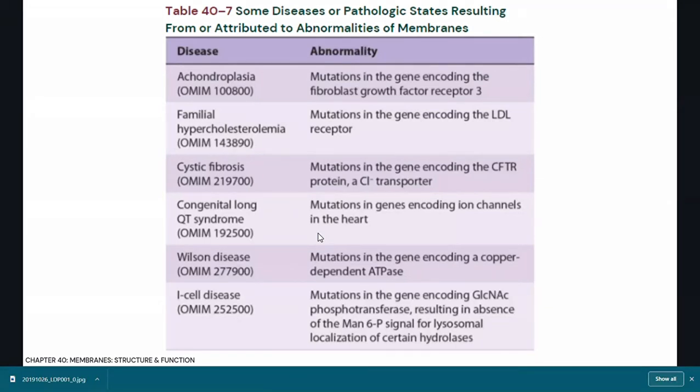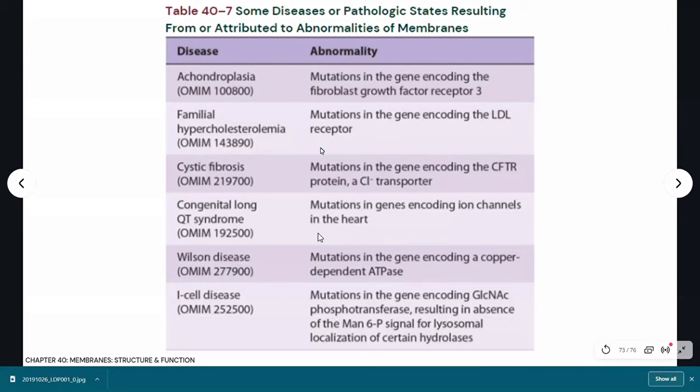LDL will be roaming around in the plasma. And what does LDL carry? Cholesterol. So that is what we call familial hypercholesterolemia. Familial because it is genetic. And the problem is the receptor. The receptor here cannot bind to the LDL, which carries cholesterol.